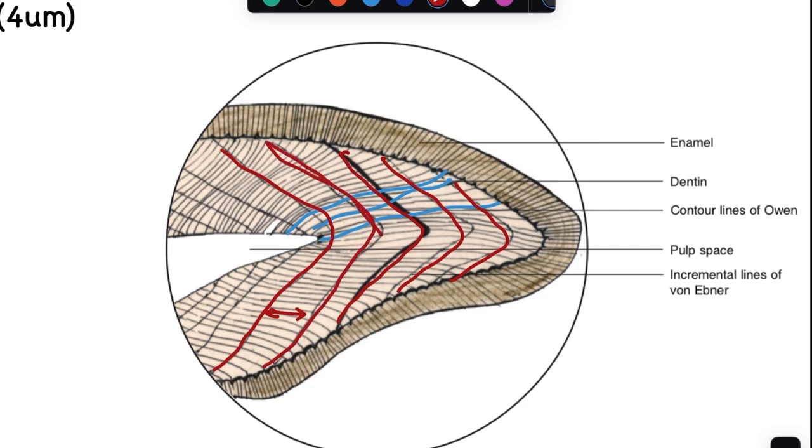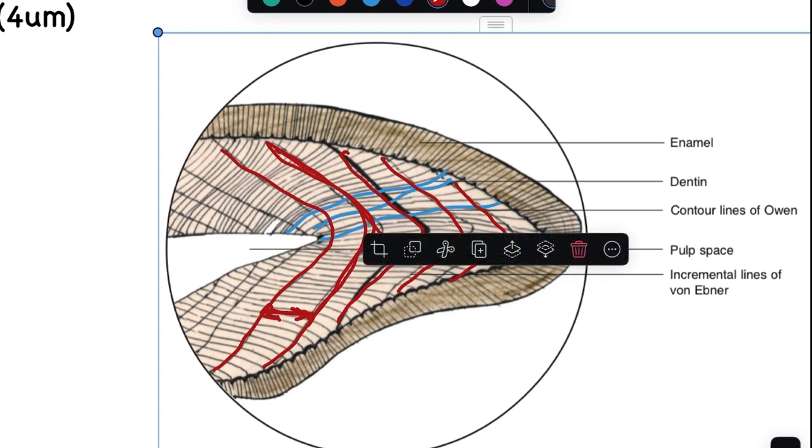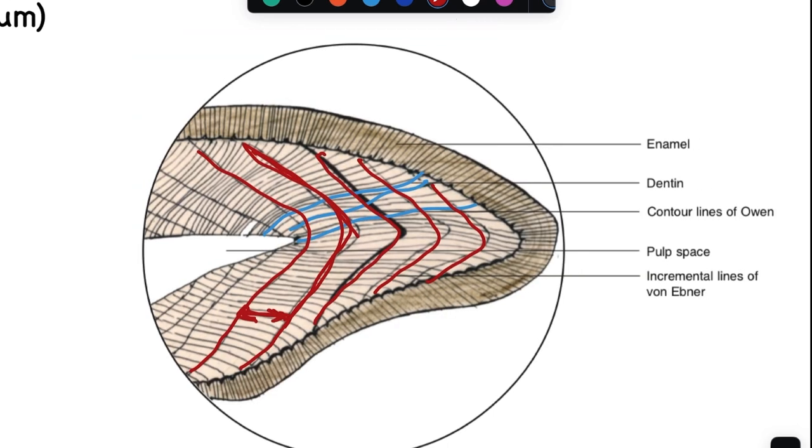So this gap will represent a period. The dentin started forming, then the formation slowed down or stopped. Then again it started forming, and the deposition slowed down. So maybe after every 20 days, we have a slowdown and then we get a line.